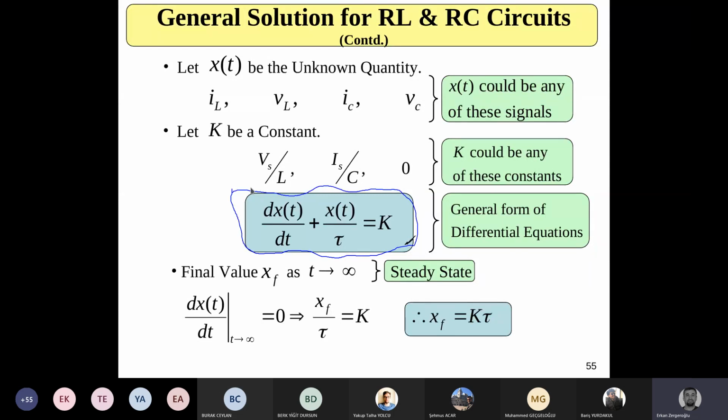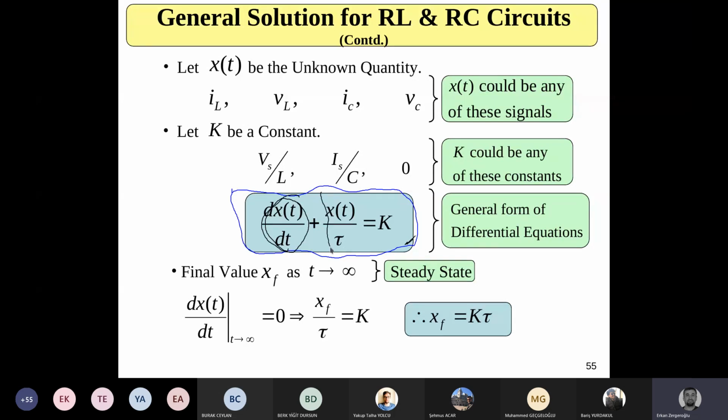From the physical structure of the system, it is possible for us to determine the initial and final form of the state variable. When the system is completely at a steady state, the derivative of this variable will be 0.